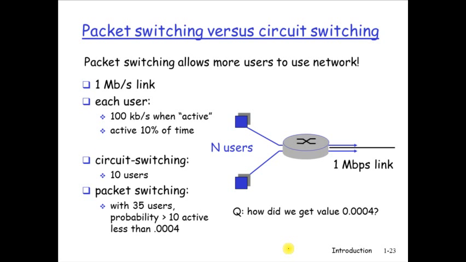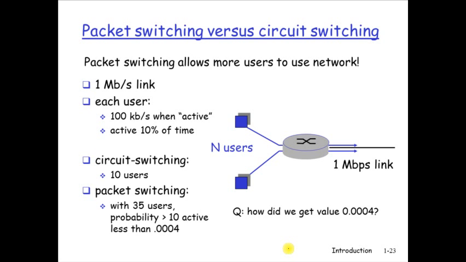So in order to know whether or not packet switching is better in this case, we need to calculate what is the probability of having 10 or more active users. If the number of users is more, then this probability is more. If there are 1,000 users, then the probability of having 10 users active at the same time is almost guaranteed.